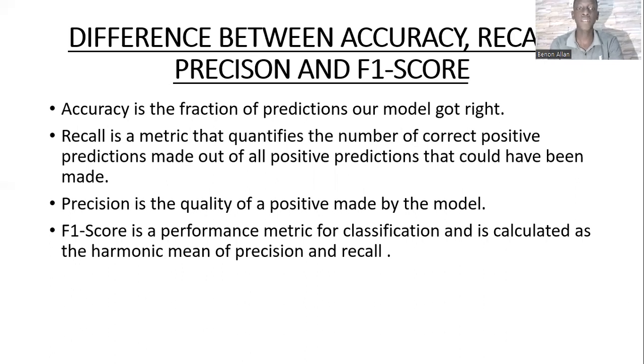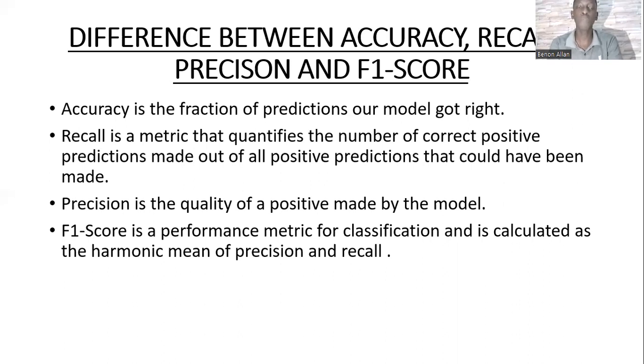Then another term is recall, a metric that quantifies the number of correct positive predictions made out of all the positives. Basically, in recall, you are counting the right predictions our model makes out of the expected predictions that you already know beforehand.